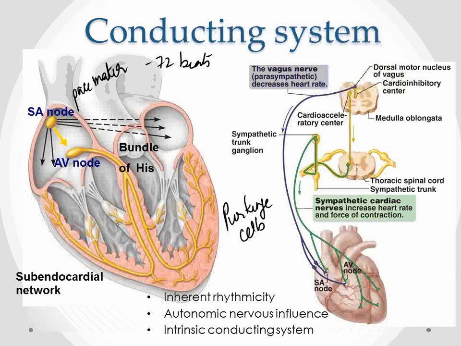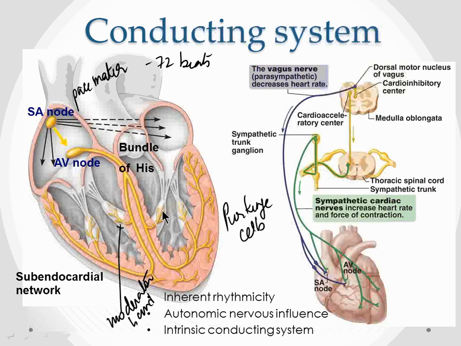Now here I want you to look at this part of the conducting bundle. This is what goes into the moderator band. So notice over here, it's going into the moderator band. On the left ventricle, you don't need a moderator band because the papillary muscle is very close to the septum.